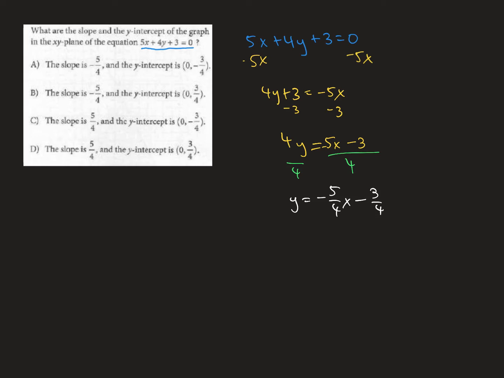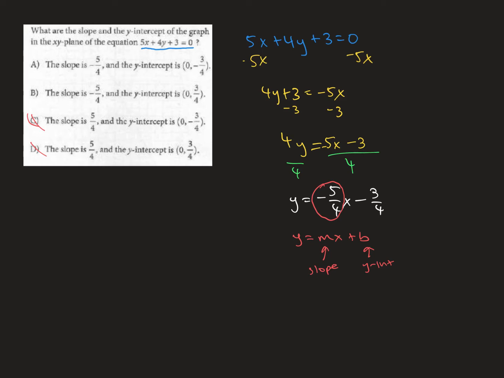So first, what is the slope? Remember, the original form is y = mx + b, where m is the slope and b is the y-intercept. So our slope here is -5/4. That knocks off C and D because we know that it has to be negative.